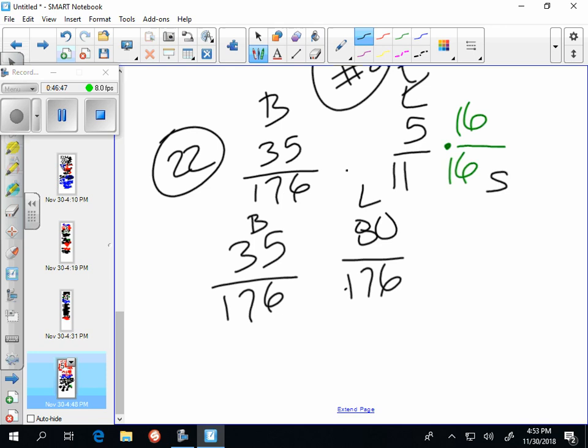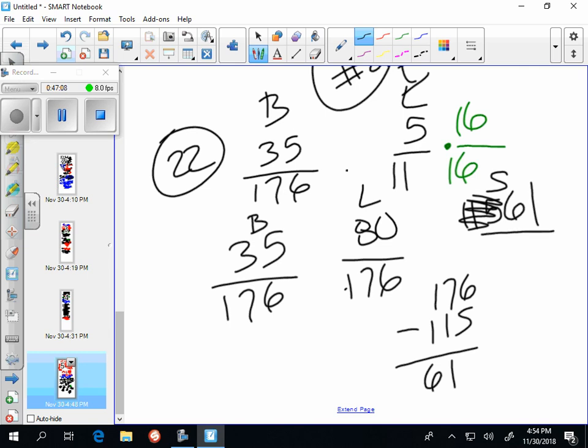what does that leave us for sparrows? Well, we have a total of 176 birds, and we've already accounted for 35 plus 80, or 115. We want 176 minus 115, which is 61. 61 of these 176 birds could be sparrows.